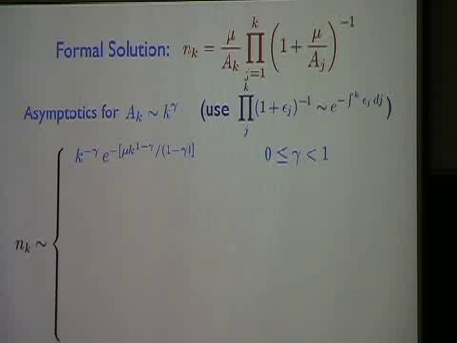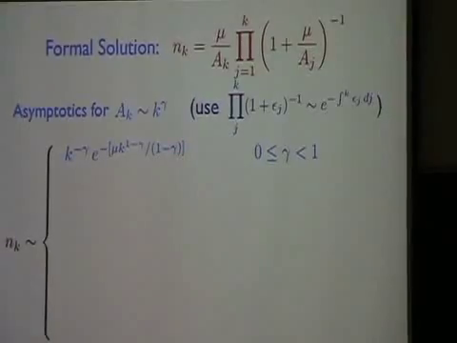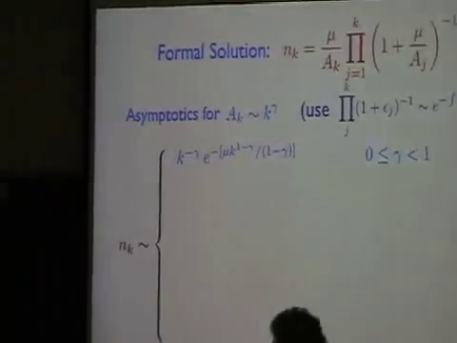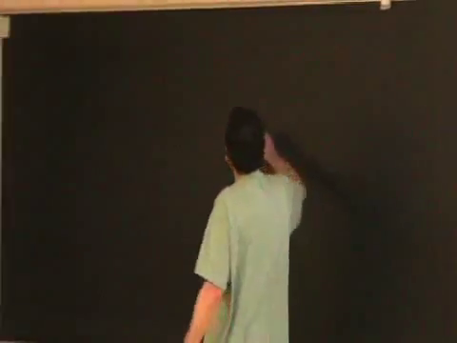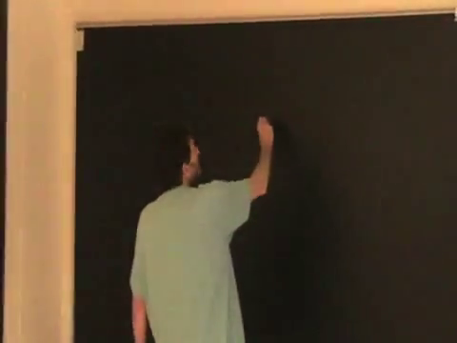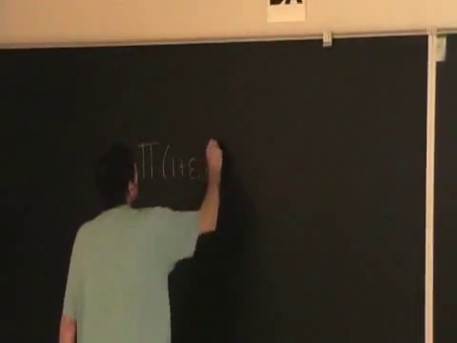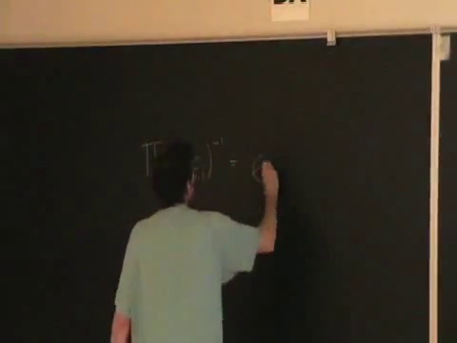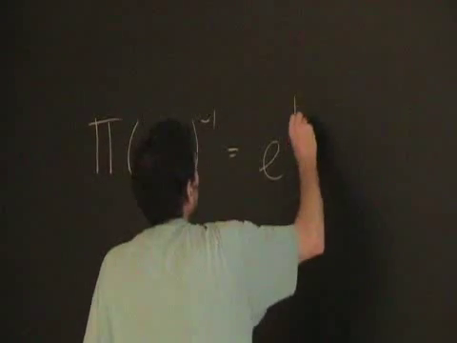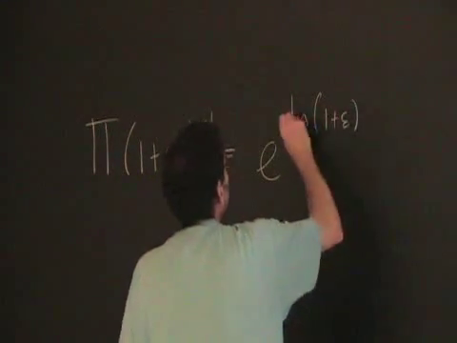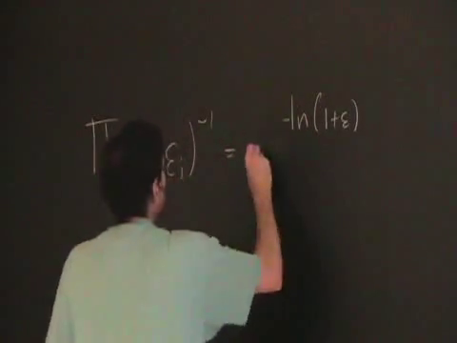Maybe I should write this down because it's a lot of words. So you have something like the product of 1 plus epsilon_j to the minus 1. So I'll write this as e to the sum of the logarithm of 1 plus epsilon_j.